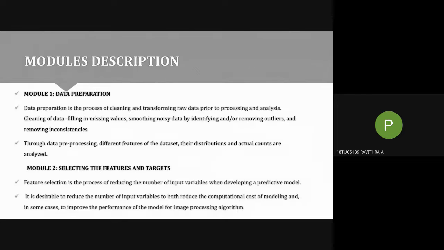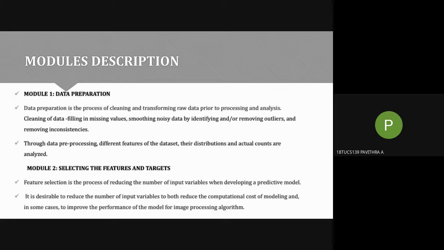In the second module, we have done the selection of features and targets, which is the process of isolating the most consistent, non-redundant, and relevant features used for model construction. We have used this to improve the performance of the predictive model and to reduce the computational cost.